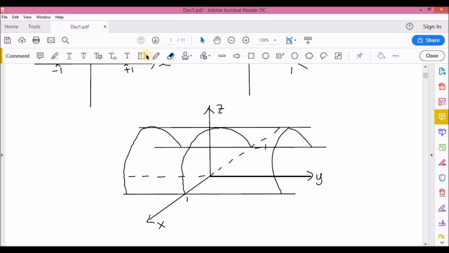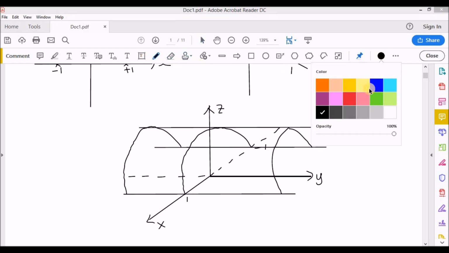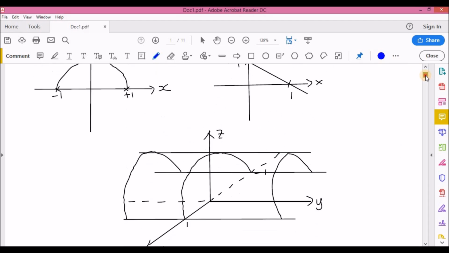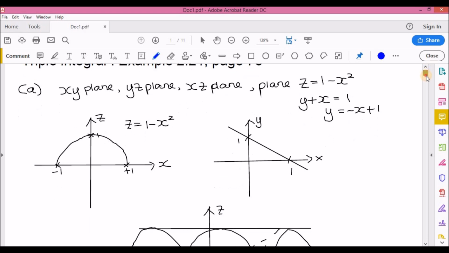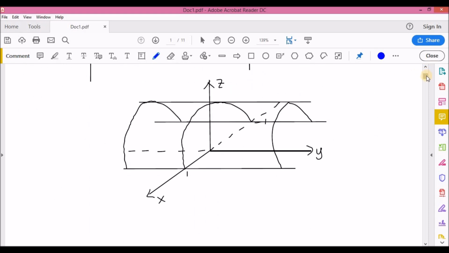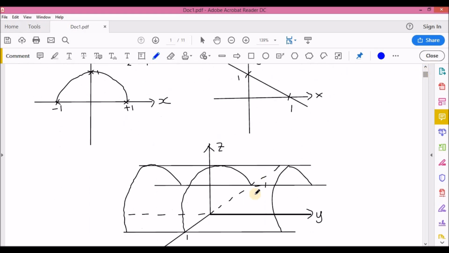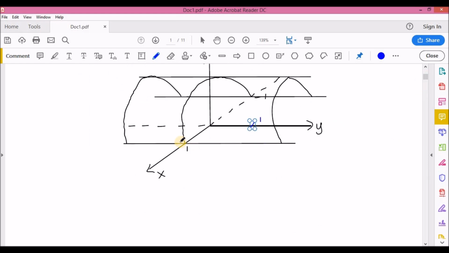Okay, so I will draw by using the other colors. So maybe try blue colors. Okay, blue colors. So you have the x and y. In this direction, this one will be your 1, and this one is also your 1.